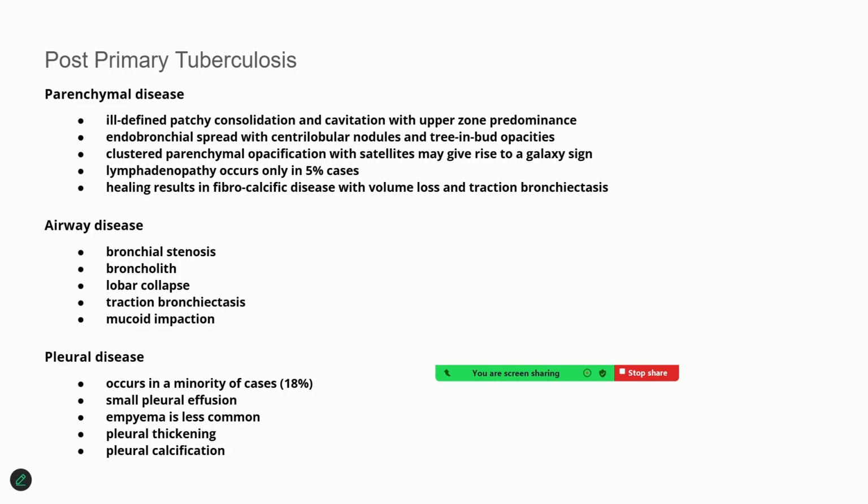So, the majority of patients of tuberculosis whom we see in clinical practice are either at the cavitation stage or at the stage where there is fibrocalcific disease which results in volume loss, or then the complications of that like bronchiectasis. Then the airway involvement would produce bronchial stenosis, which is also quite common.